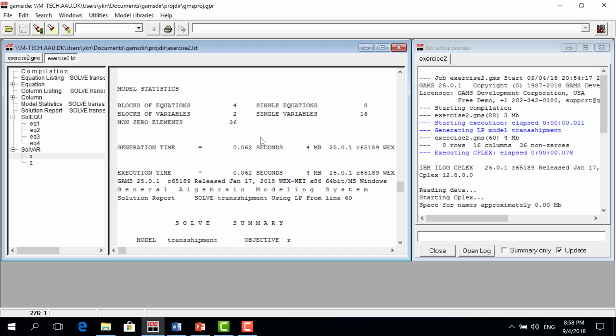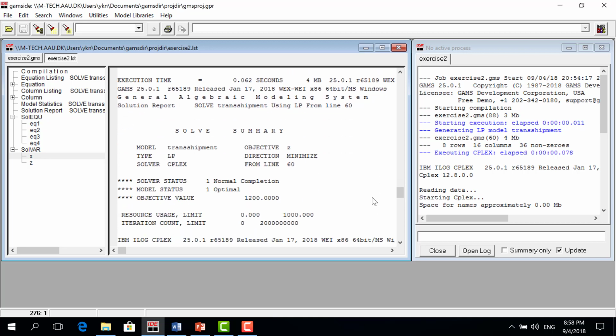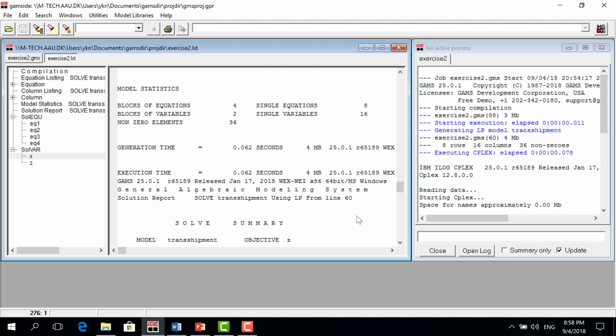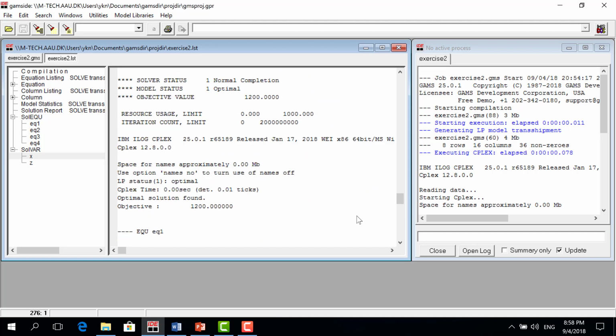So we have to be concerned about this execution time. But for our problems, we have achieved optimality within 0.062 seconds.